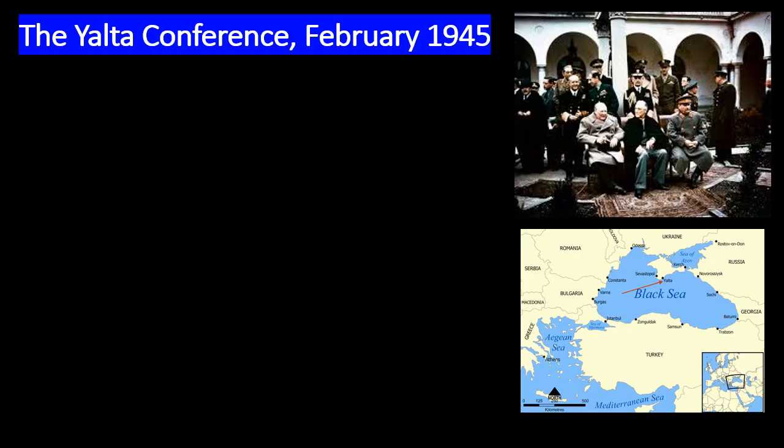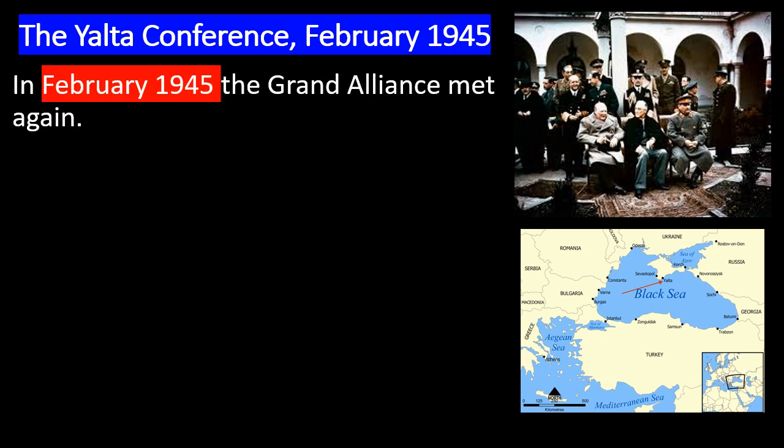Also then followed up in February 1945 in what is modern day Ukraine on the Crimean Peninsula, which has been occupied now by Russia since 2014, but then it was part of the Soviet Union, and that's where they all met at Yalta on the Black Sea. Okay.